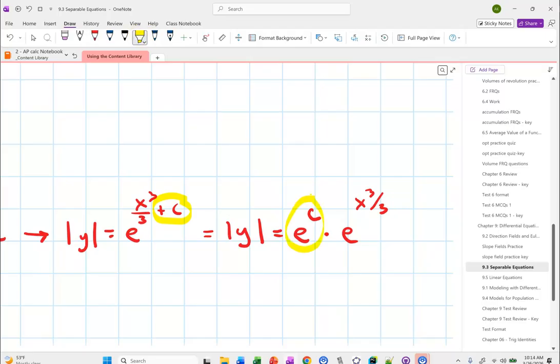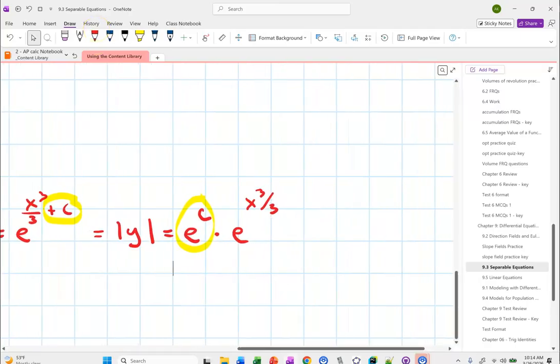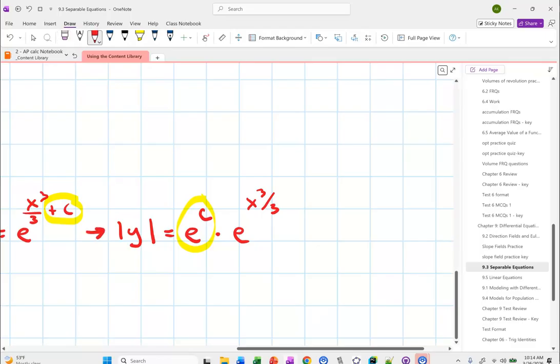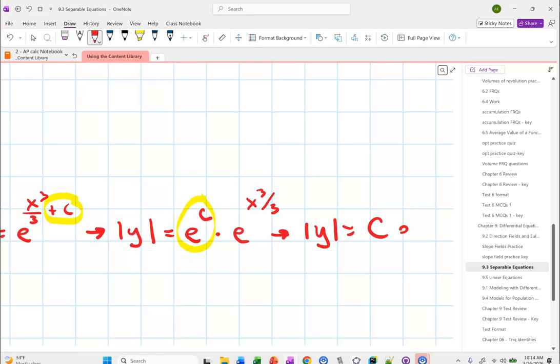What is e to the c going to be? That's just a constant. So what they're going to do is they'll write it this way. Since e to the c is just a constant, let's just call it c again.